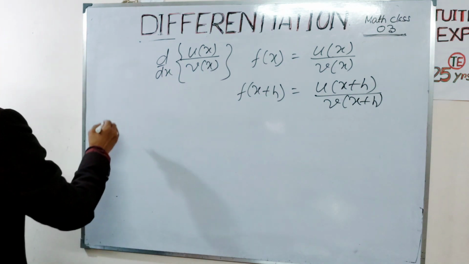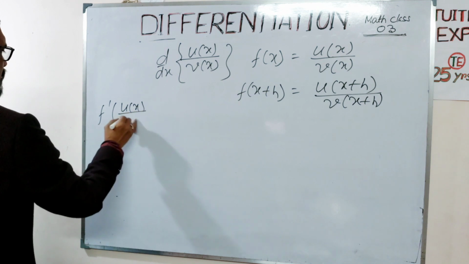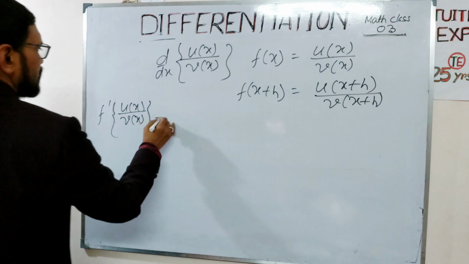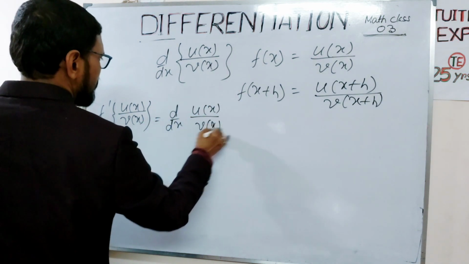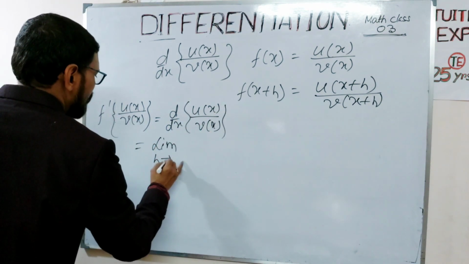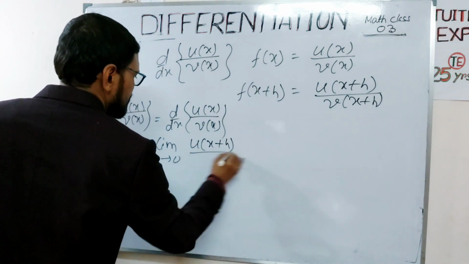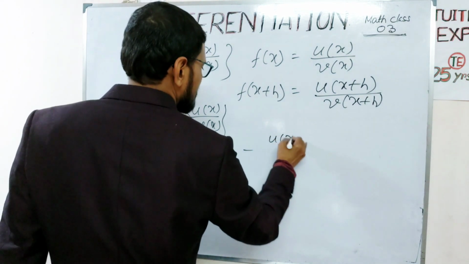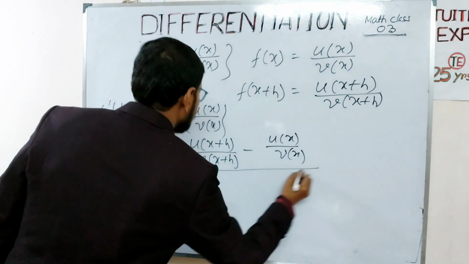Now d by dx of u x by v x will be limit h tends to 0, this minus this, that is minus f x, divided by h.